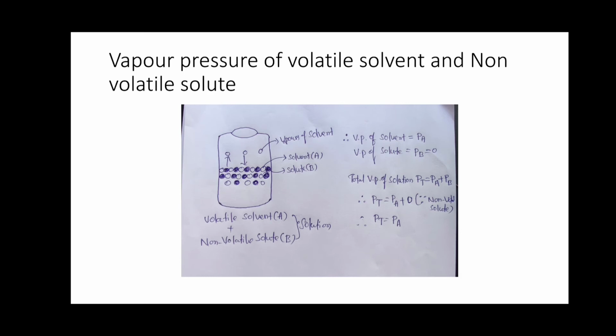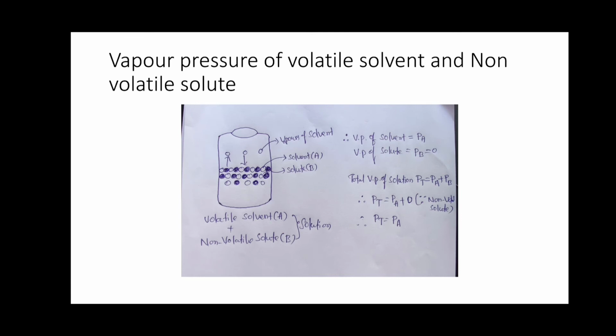So what is the problem here? In the closed container, the surface of the solution is occupied by both solvent and solute particles, but only solvent liquid particles are converted into vapors, not solute particles, because solute particles are non-volatile.